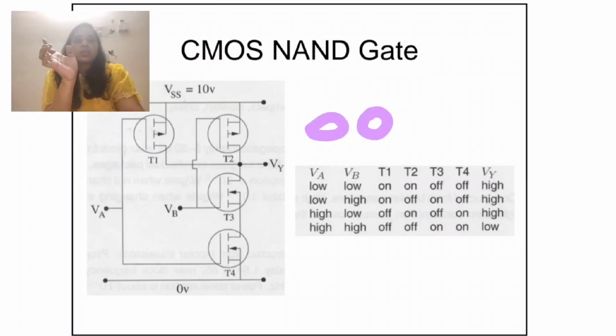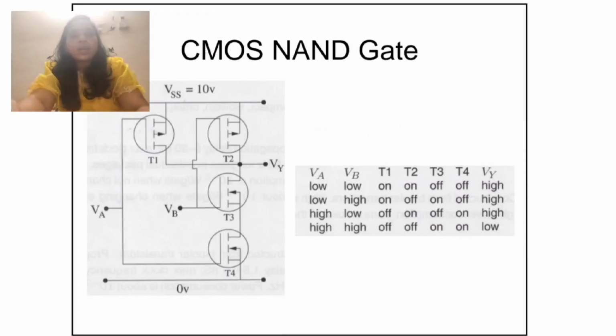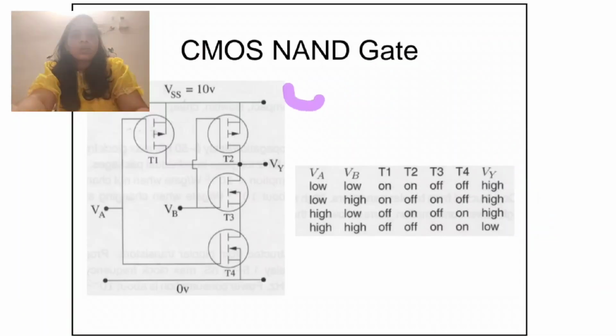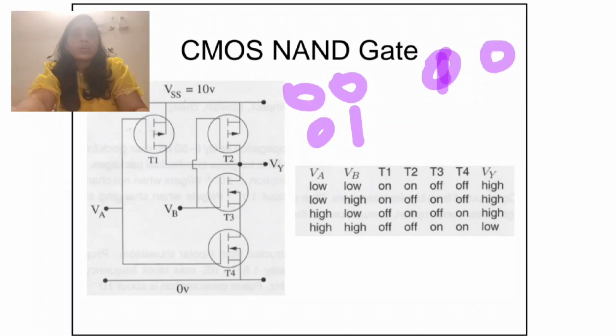Here you can write the values: the first value is 0 0, the next value is 0 1, the third value is 1 0, and the last one is 1 1.